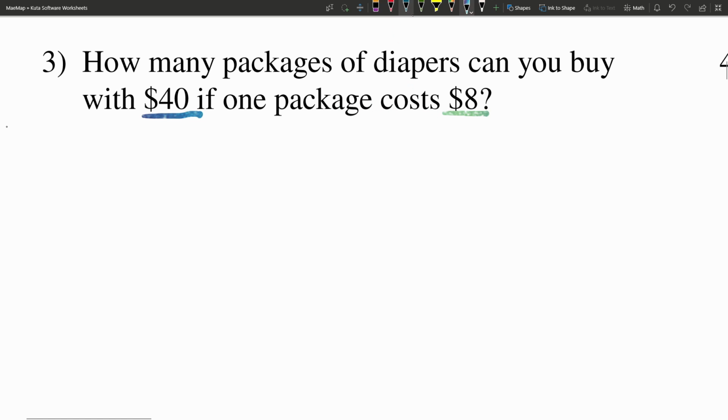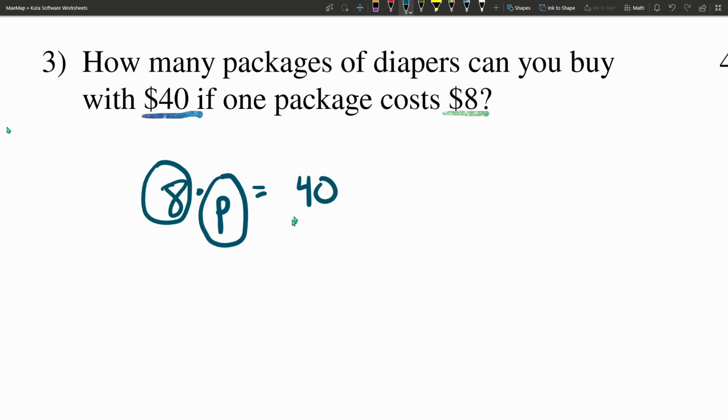Well, there's a couple different ways we can write this, like all of these problems. 8 times the number of packages we buy, P, is going to equal 40. $8 times P is going to equal $40. The amount per package times the number of packages is going to equal our total bill.